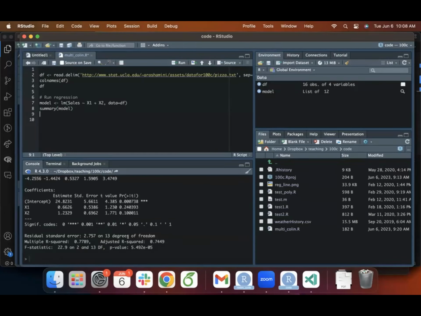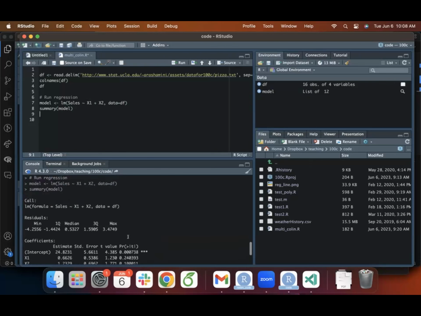So the residual standard error, what is this 2.7? What do you guys think this is? Residual standard error in our notation, on 13 degrees of freedom.